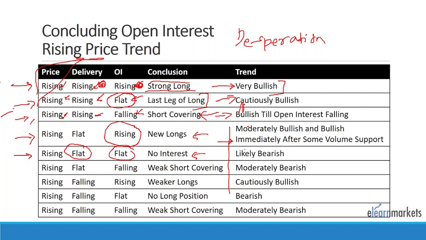But on the back end, if you look at delivery and open interest, not many people have participated in that price going up on an end of the day basis. So this is a very, very cautious case, and likely you will be on the wrong side of the technicals, and the stock probably will take a false breakout and get a reversal from there.